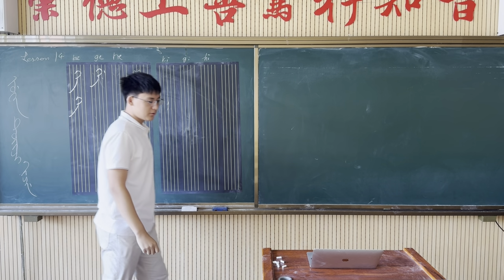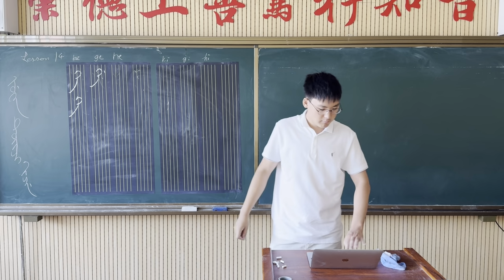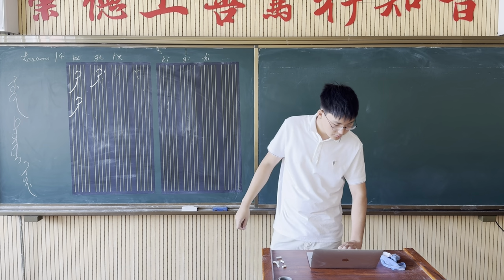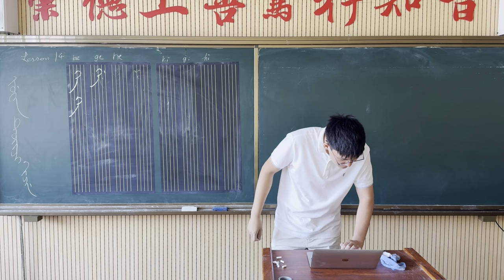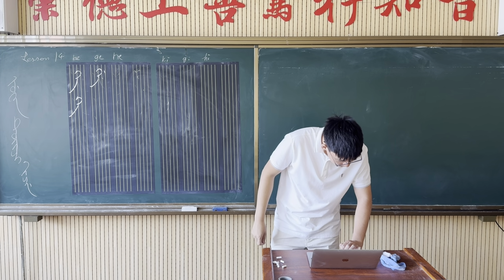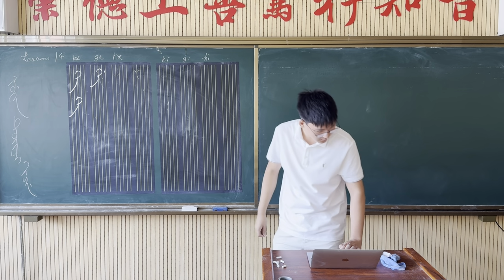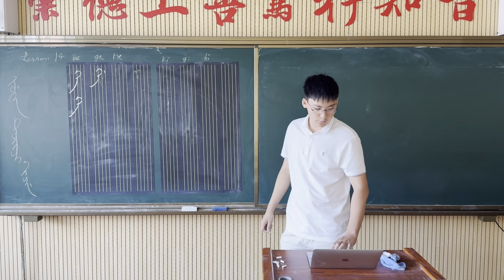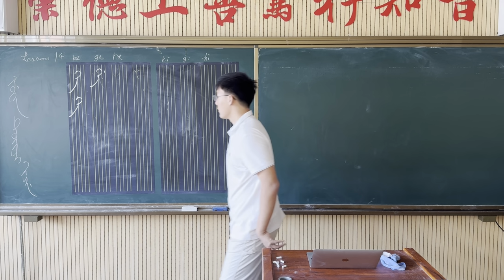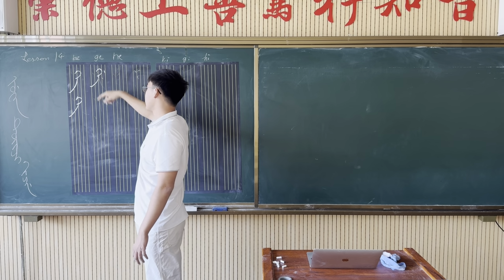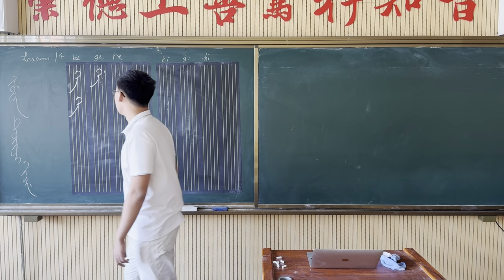Now, as we've observed in lesson 5 and lesson 4, the dot represents the change from the K to the G sound.